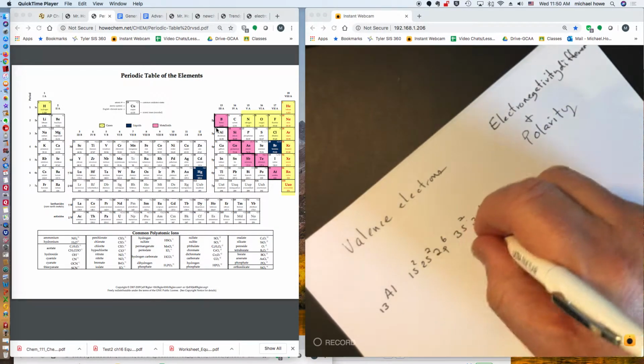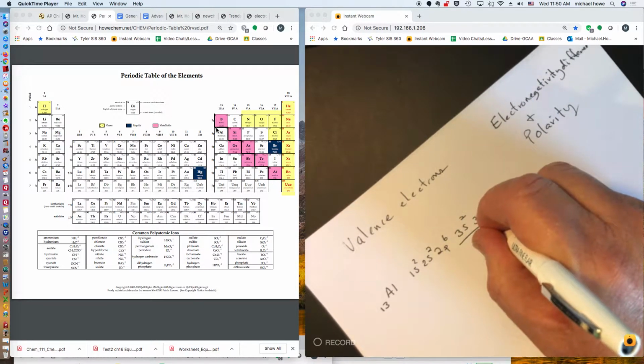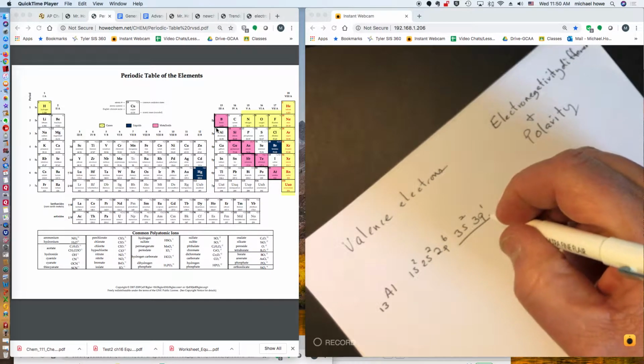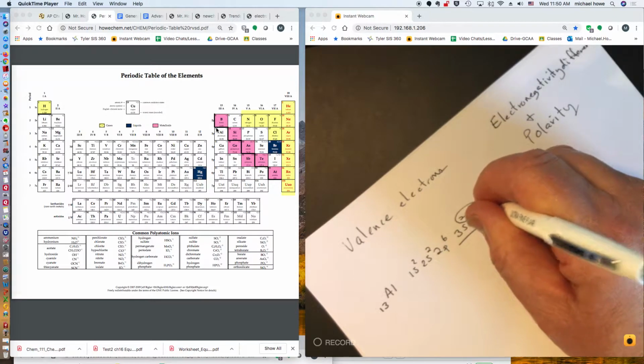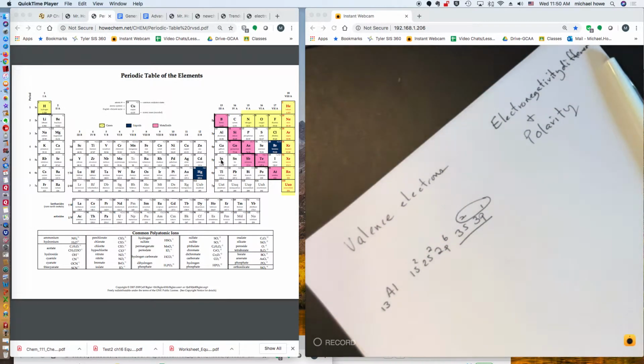The ones we're concerned about in this unit are only the higher energy level electrons, the ones that are in the highest energy level. So if you look here, there are 3 of them. Now I want to call your attention to the periodic table. So this is Roman numeral 1, Roman numeral 2, and then 3, 4, 5, 6, 7, and 8.